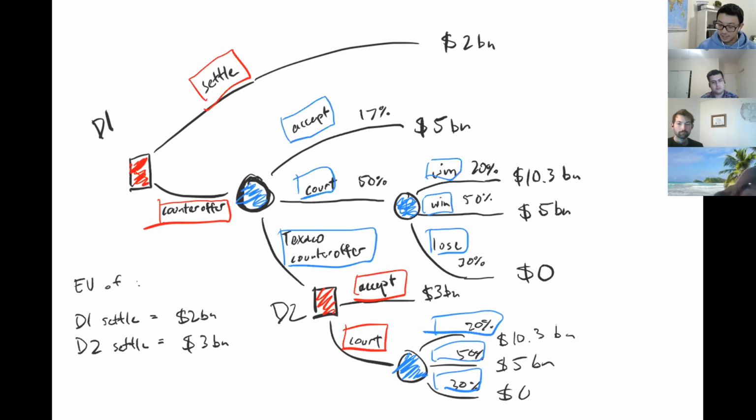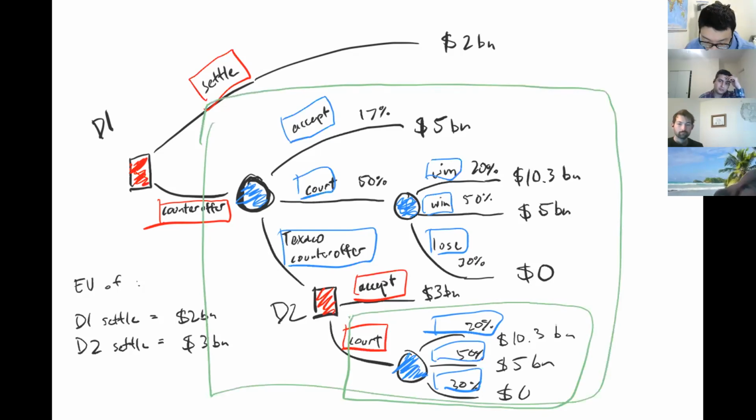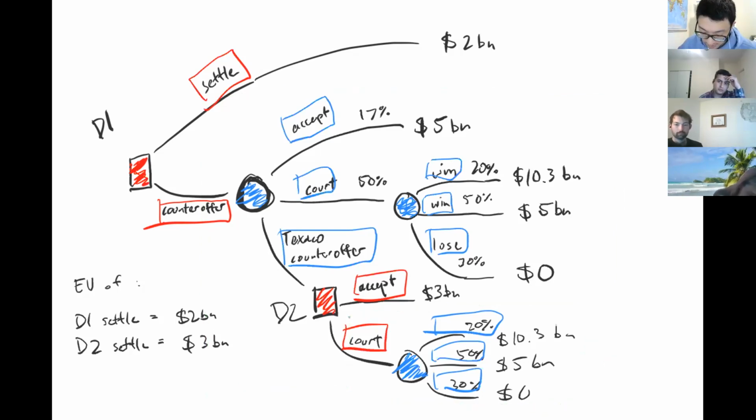So to calculate the D2 court decision, I have to figure out the expected value associated with this branch. And then to calculate the D1 counteroffer, I have to figure out the expected value associated with this branch here. Okay, so let's go ahead and do that.